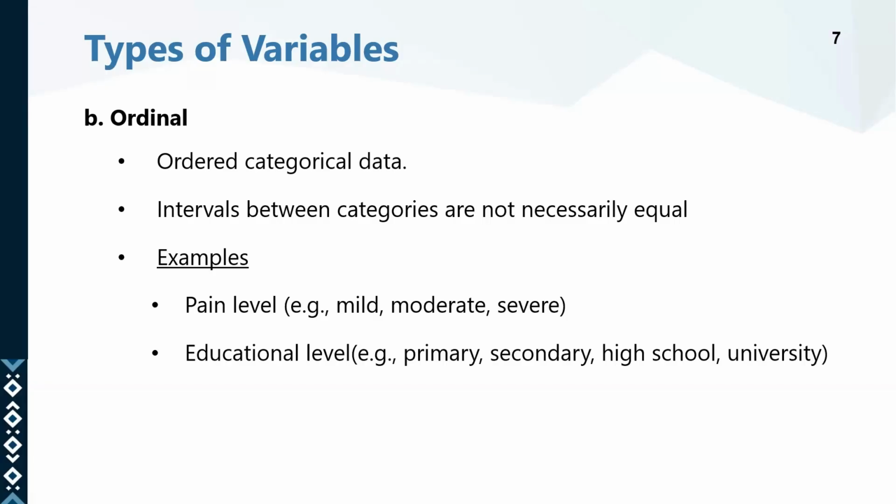For educational level, someone can move from primary, secondary, high school to the university. So at each stage, you see we are moving from a smaller to something bigger, just like we are climbing a ladder. So we have different levels, and we have a fixed order in these variables. So we talk of ordinal variables.